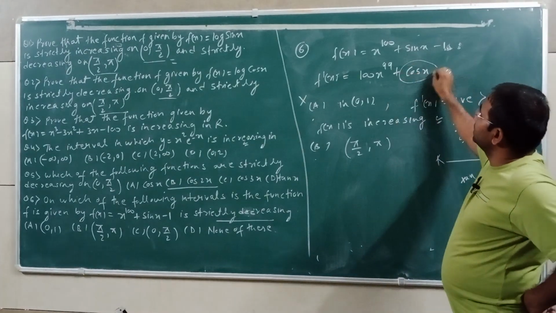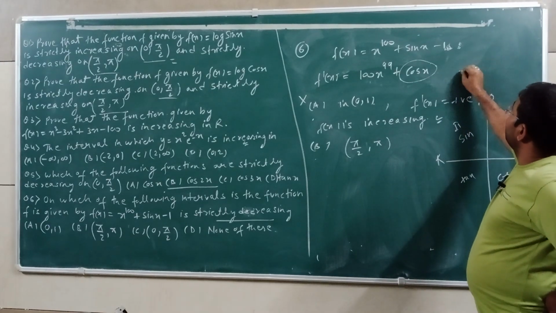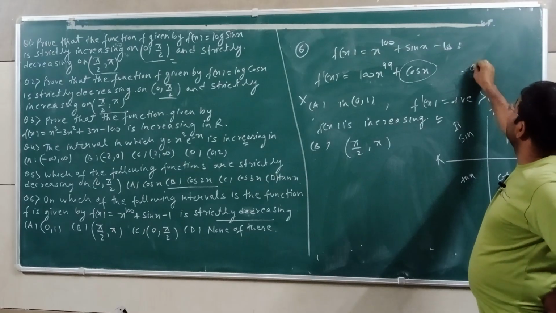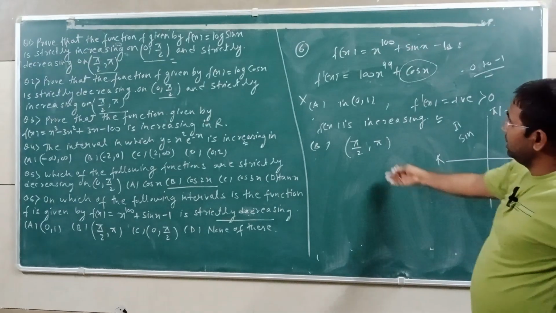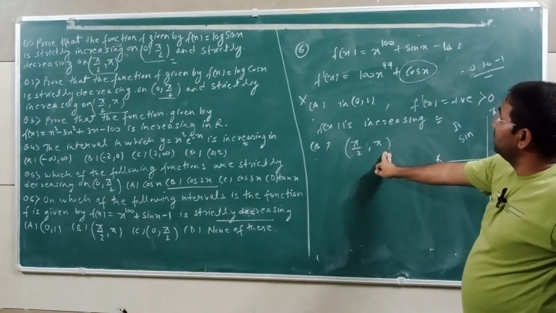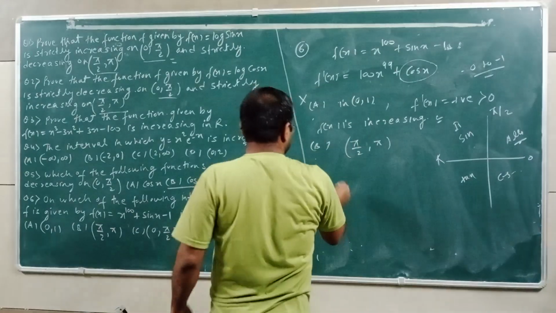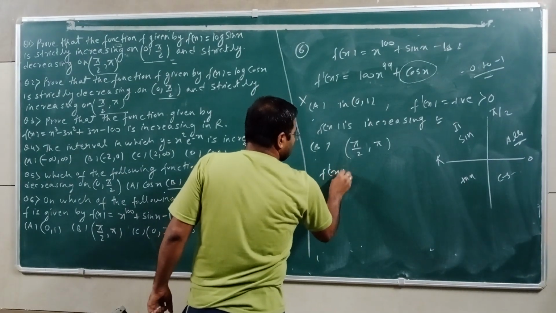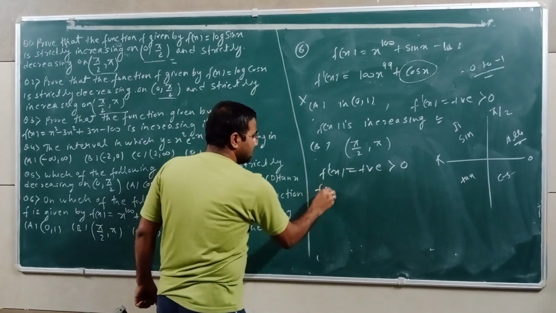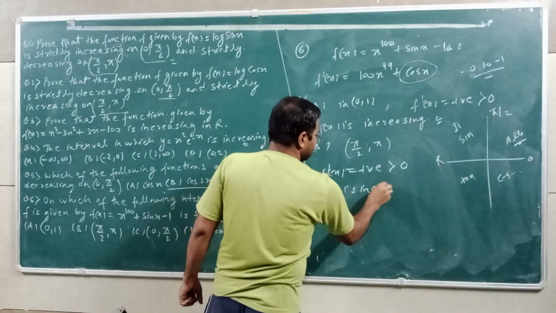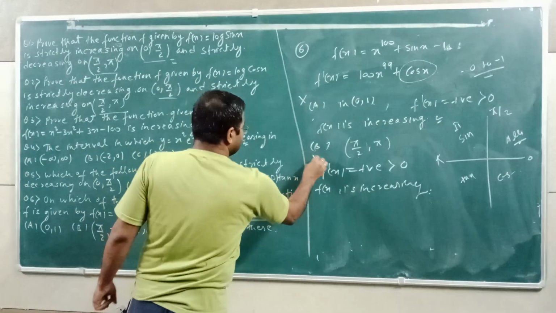So you will get a negative value for cos here, minus 1 to 0. If you put any value between pi upon 2 to pi in f dash x, then again a positive value will come, f dash x will be greater than 0. Again f(x) is increasing. So this option is also not the answer.